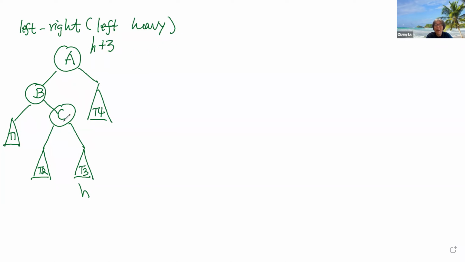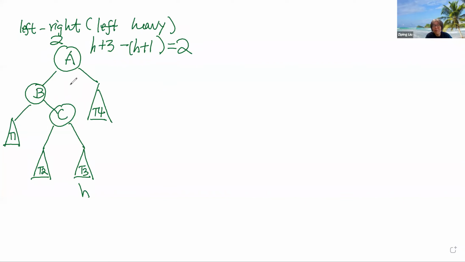The left part is H plus 2, and the right part is H plus 1. So that's how its balance factor is 2. This is 2, so it's unbalanced. We know this is unbalanced, and because it is unbalanced, we need to balance it.